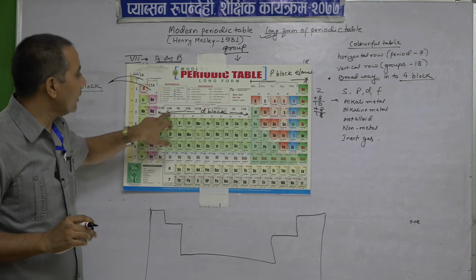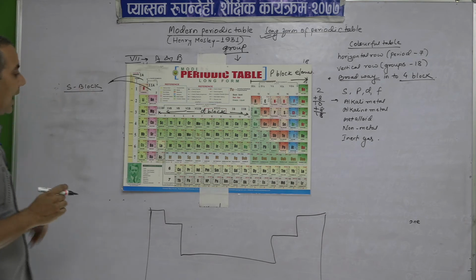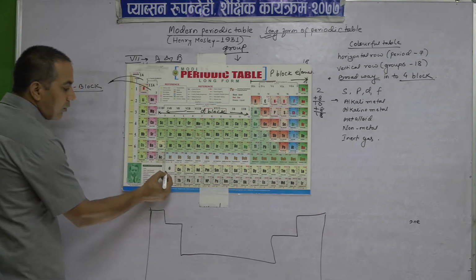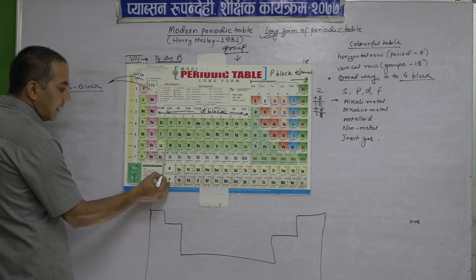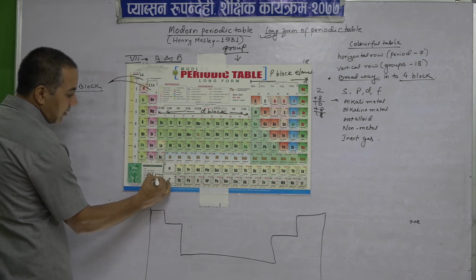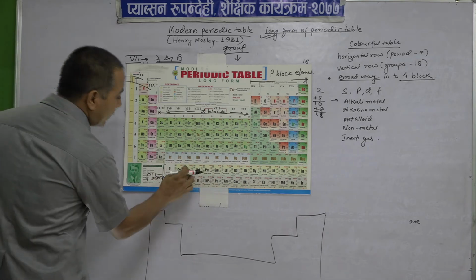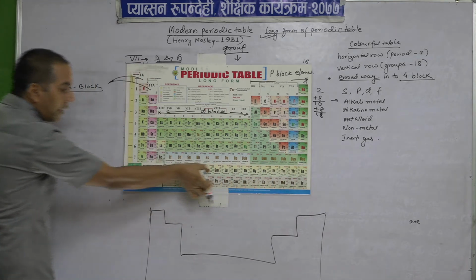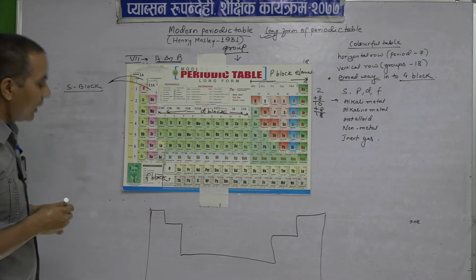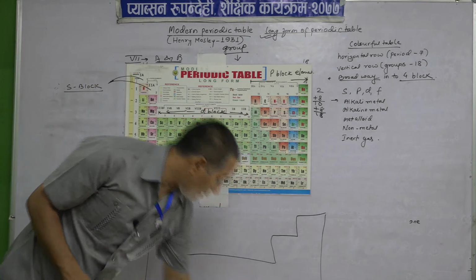That is the D block elements, and the lower ones are known as F block elements.